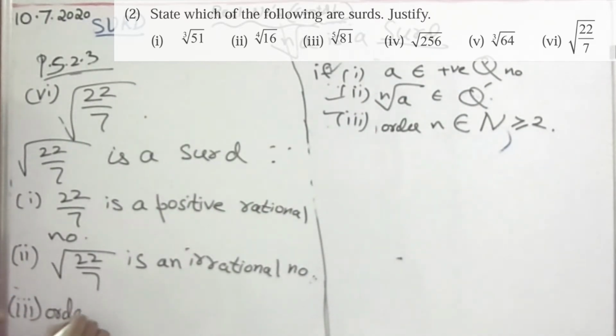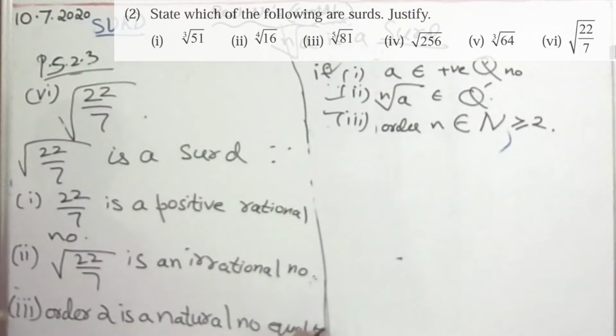Order 2 is a natural number greater than or equal to 2. Write it down. So we have finished one type of sum, recognizing whether the given irrational number is a surd, with justification. We have completed that.